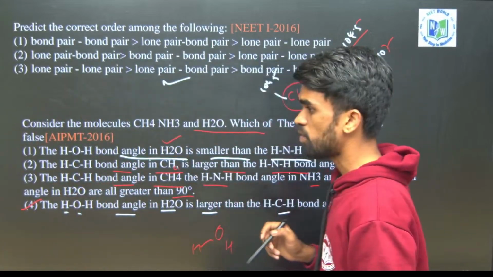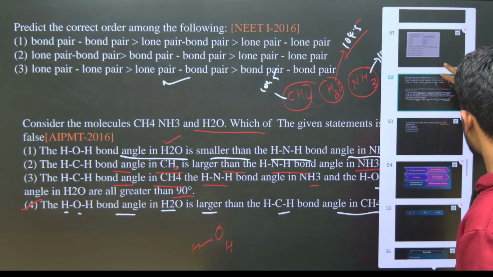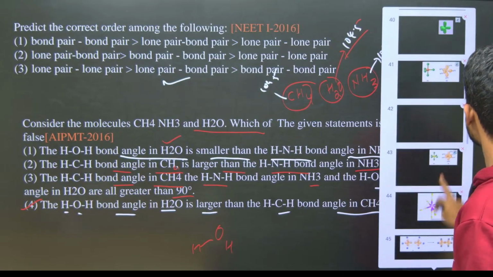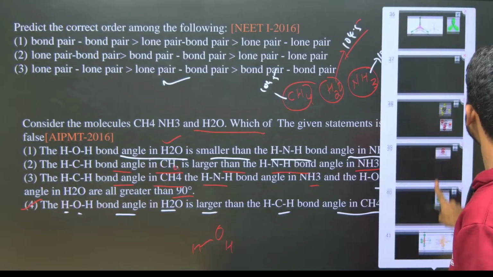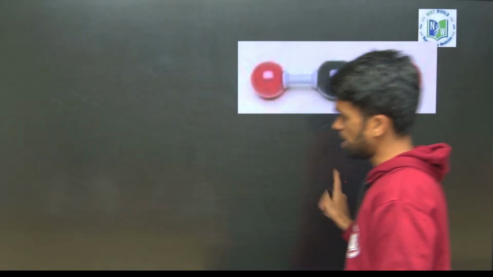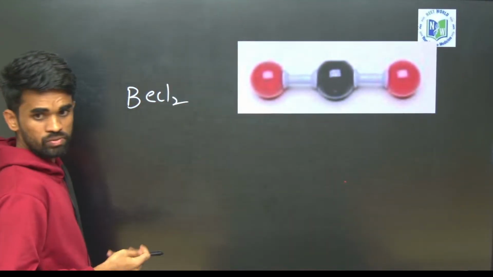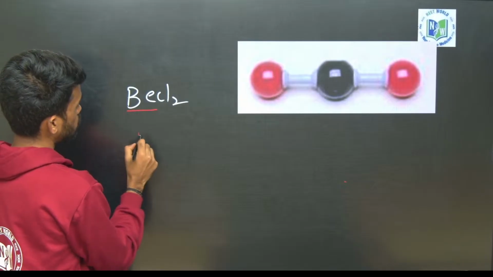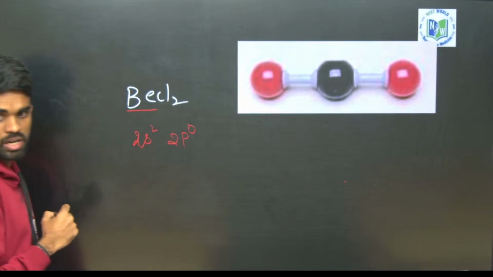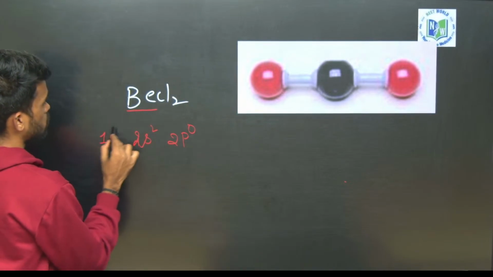Let us move forward with a few questions and explanations. Look at this: I have BeCl2. What is the central atom here? Beryllium, 1s2, 2s2, 2p0.